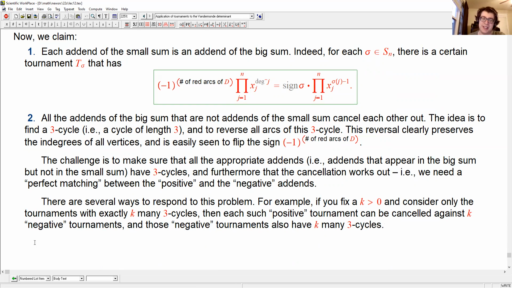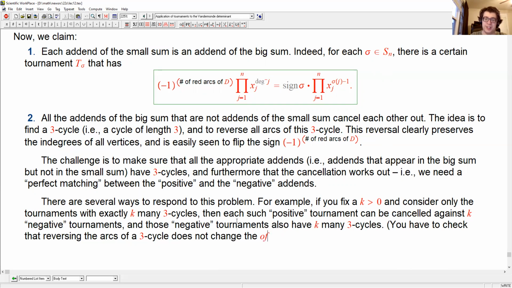So you don't actually decide which 3 cycle you want to reverse. You just do everything. You just do all of them. You do each of them at once, so you get k different partners basically. But those partners themselves have k many 3 cycles. This isn't completely obvious. So you have to check that reversing the arcs of a 3 cycle does not change the number of all 3 cycles.